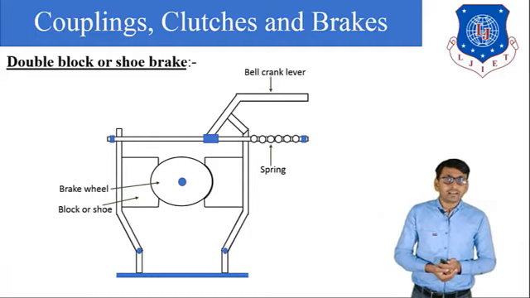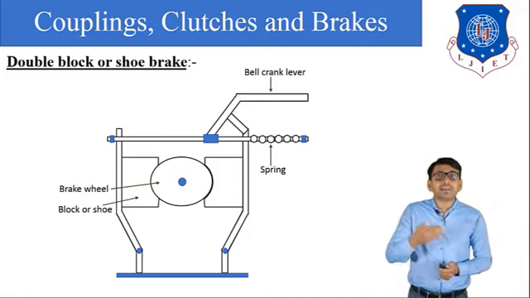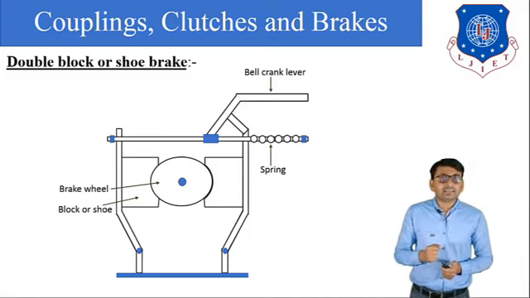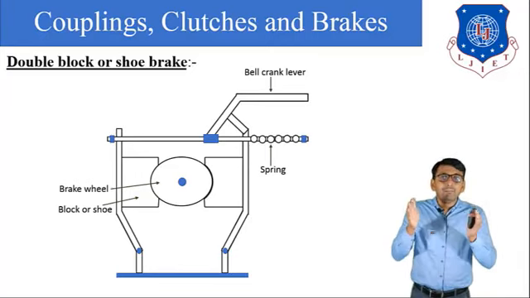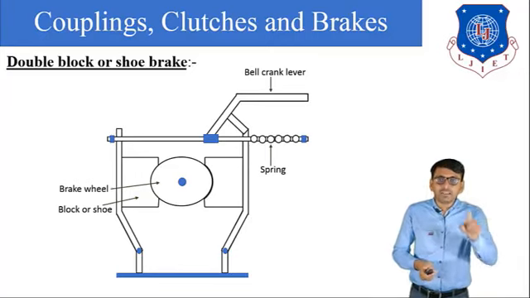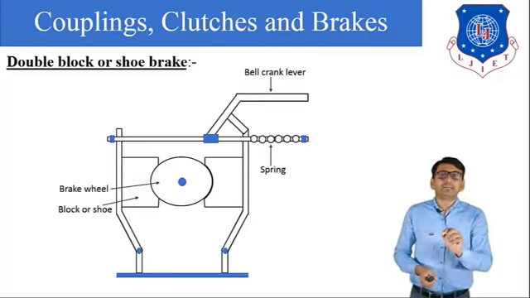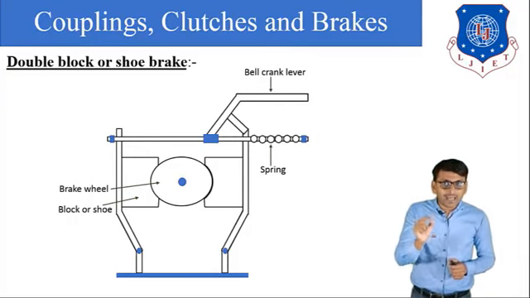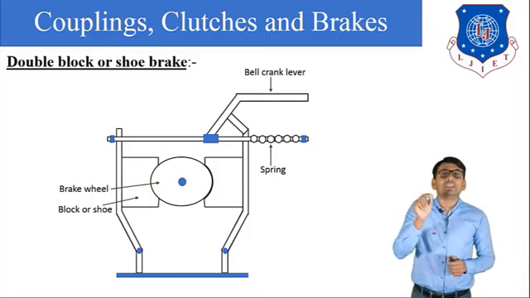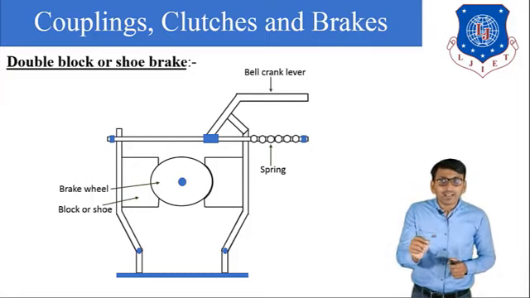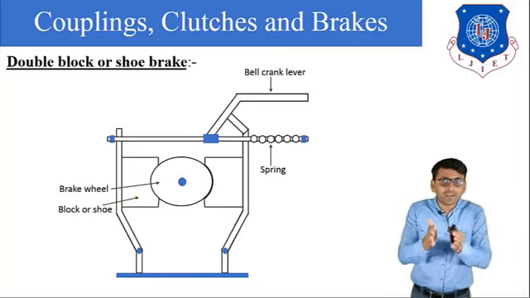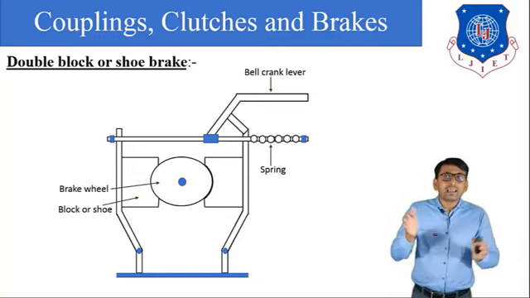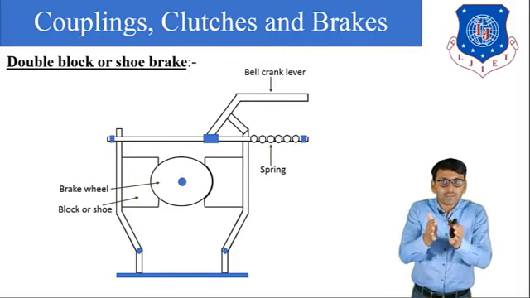So in normal working condition, there is no contact between wheel and block, so the wheel continuously rotates at proper speed. But when the brake is applied, force acts on the lever, so due to the action of the spring, there is a connection between wheel and block.